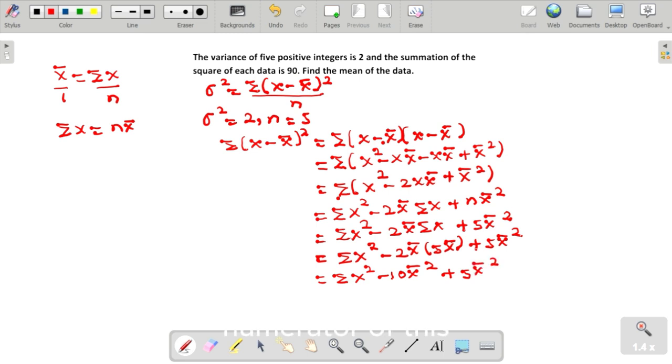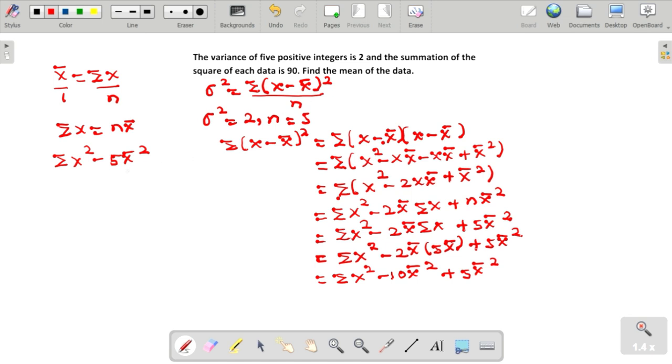We are trying to simplify just the numerator. Minus 10 x bar square plus 5 x bar square means the whole expression becomes summation x square minus 5 x bar square. That is the numerator.